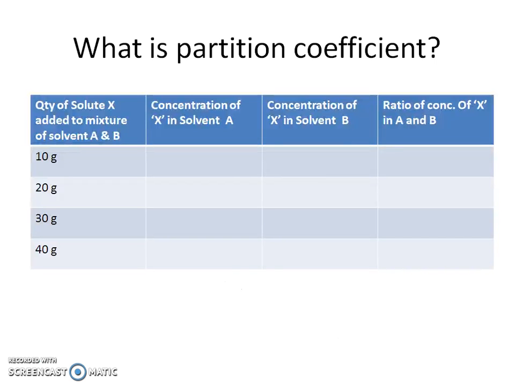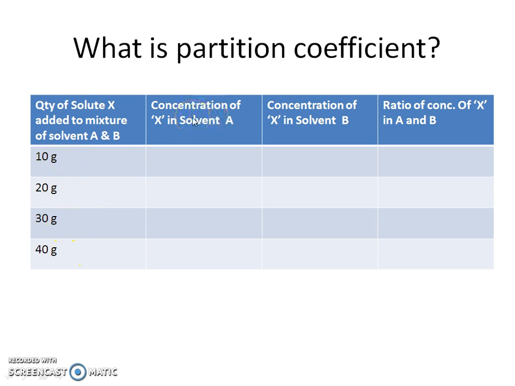Now you see this table. In the first column is the quantity of solute X added to the mixture of solvent A and B. Suppose we add 10 gram, 20 gram, 30 gram and 40 gram.